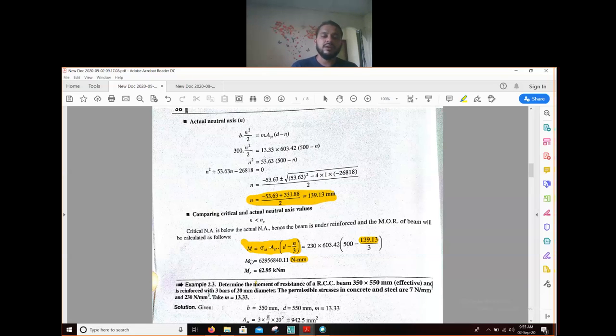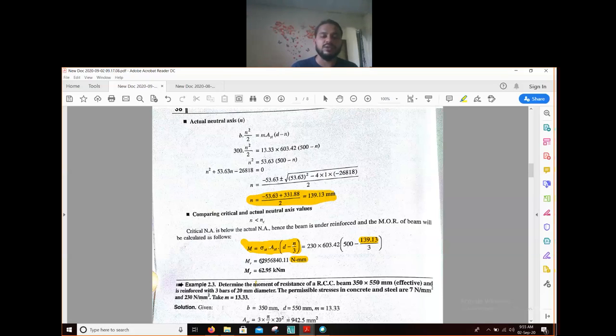So moment of resistance is force into distance. The unit of force is Newton in this formula, and the values you have put are in millimeter, so the value will come in Newton millimeter. If you have to convert this Newton millimeter into kilonewton meter, what do we have to do?